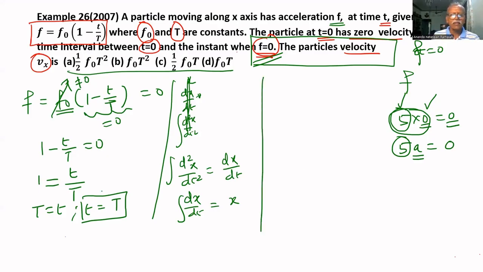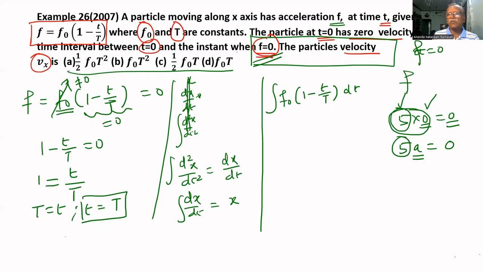That's why, as acceleration is given and we want velocity, we have to integrate. So the integral of f naught (1 − t/T) dt has to be integrated.